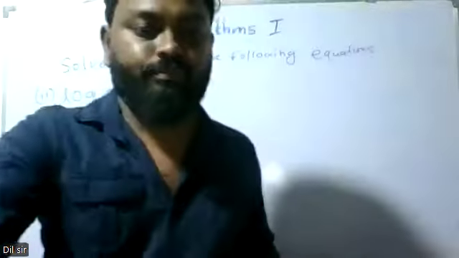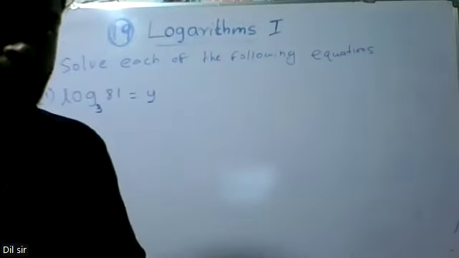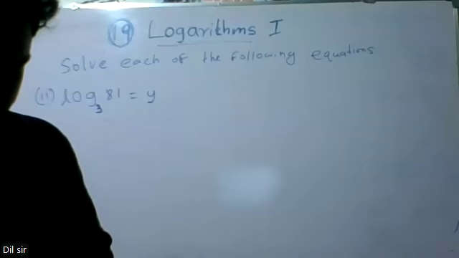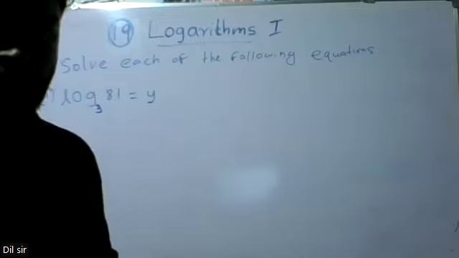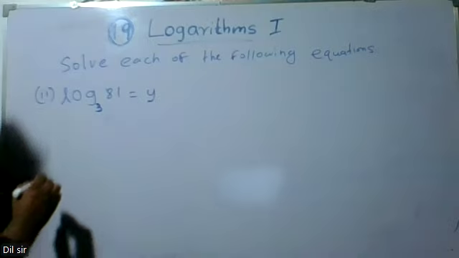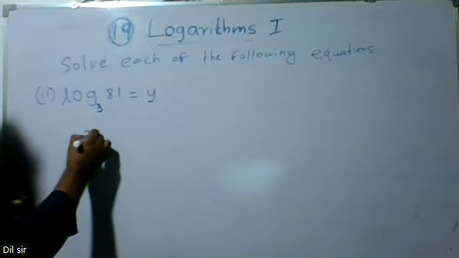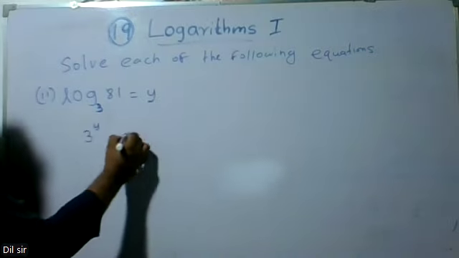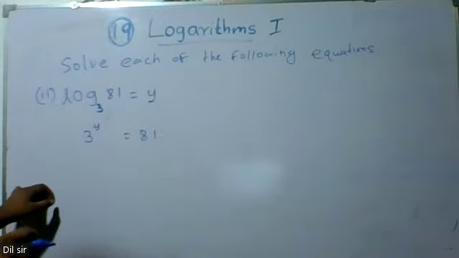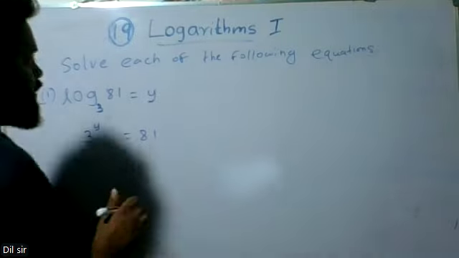Right. Let's see this. This index form: base is 3, index is y, the answer is 81. We have to write 81 in index notation with base 3.